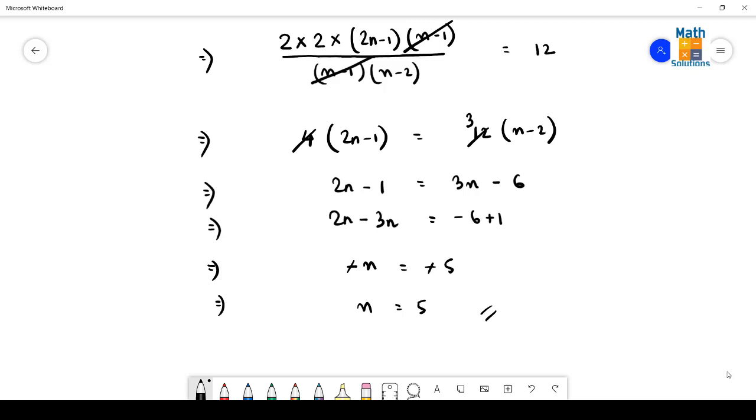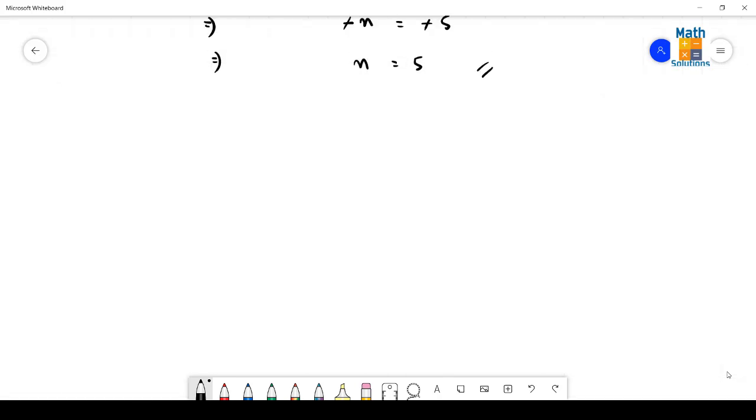So this is the answer. A similar type of question under the same question. The second question is of this kind: twice nC3 is to nC3 is equal to 11 is to 1.